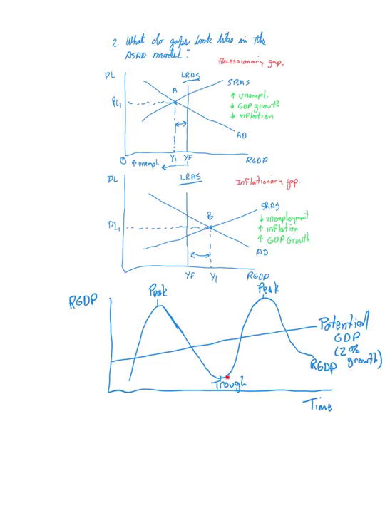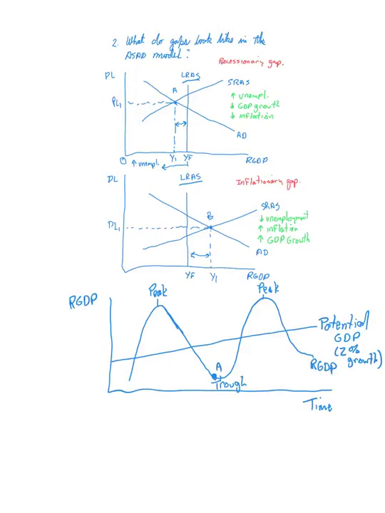Now, when we go from trough toward peak, that's when we tend to develop inflationary gaps, and particularly pronounced when we get above potential GDP, so from this point up. So point A, if we were going to correlate point A on the LRAS curve above, would be somewhere right here.